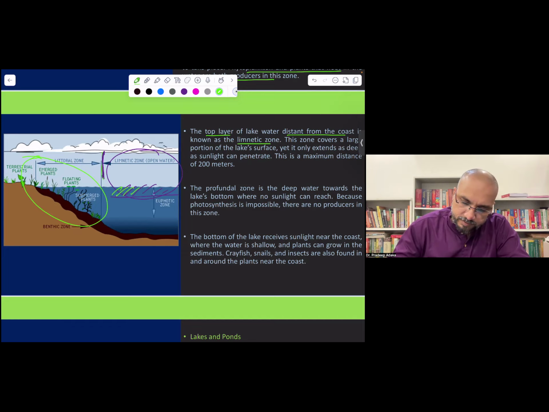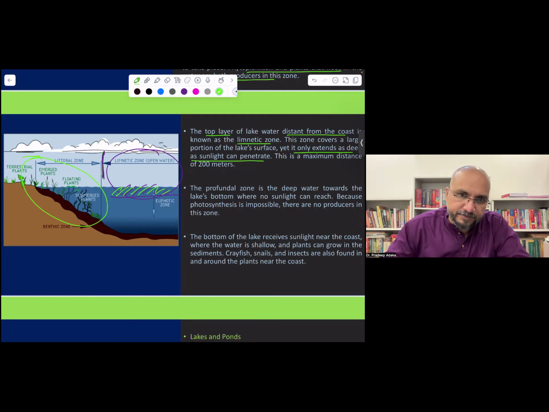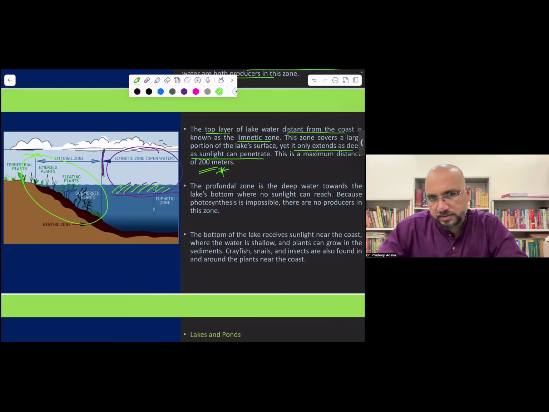This zone covers a large portion of the lake surface, yet it only extends as deep as sunlight can penetrate. So this is up to a depth of 200 meters. Light can penetrate only up to this much depth.